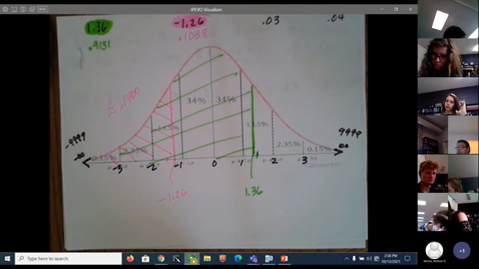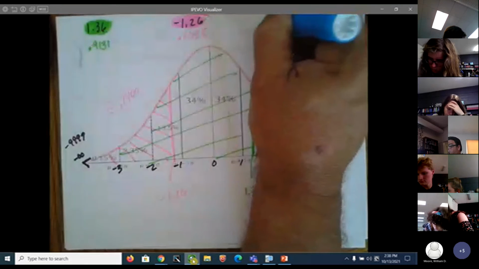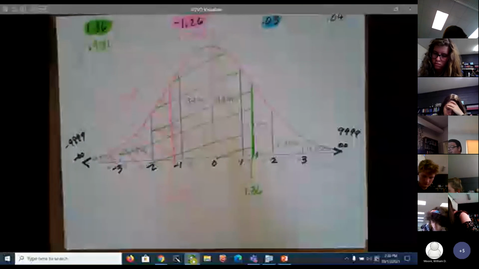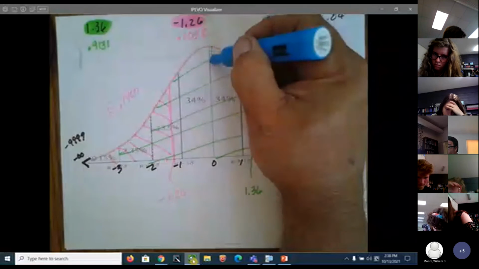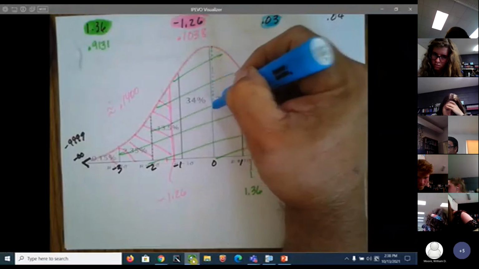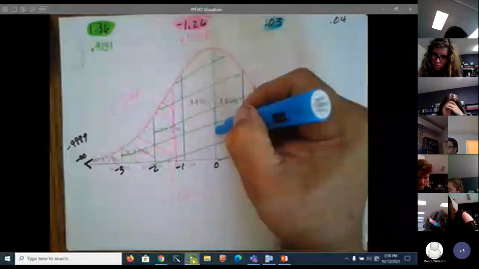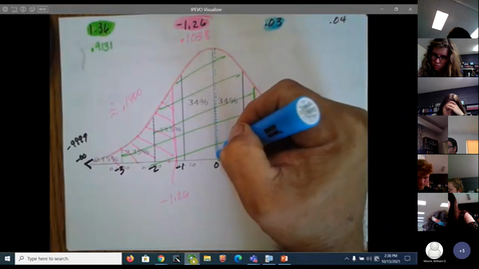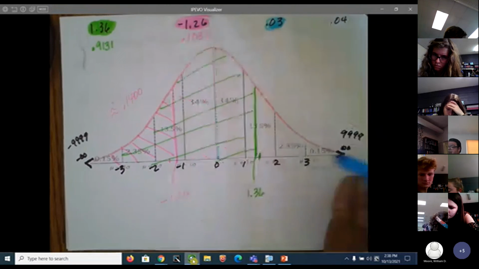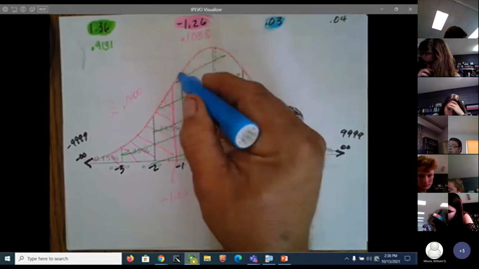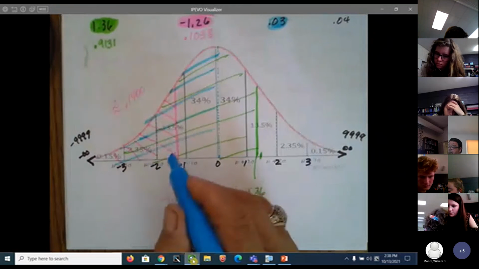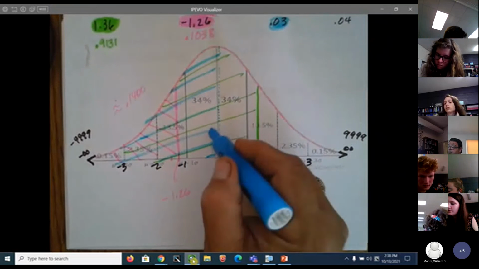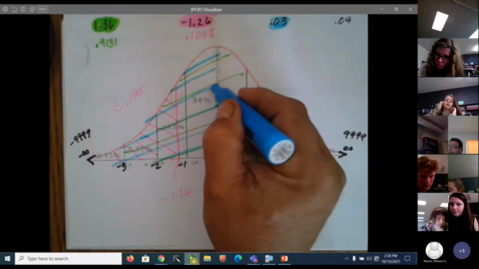Now let's take our blue color. 0.03 is right here. Now somebody tell me, common sense wise, what's going to be 0.03? A little bit over what?